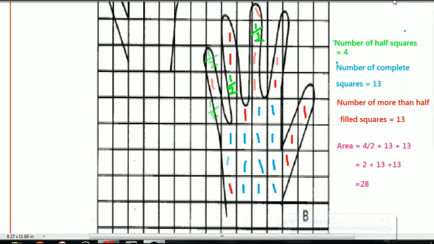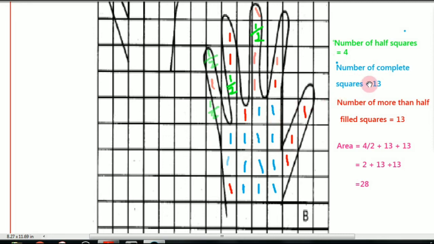Let's calculate the area of another hand B. So here number of half squares I have marked in green color. So they are 1, 2, 3, 4. Then I have marked number of complete squares in blue color. Here 1, 2, 3, 4, 5, 6, 7, 8, 9, 10, 11, 12, 13.